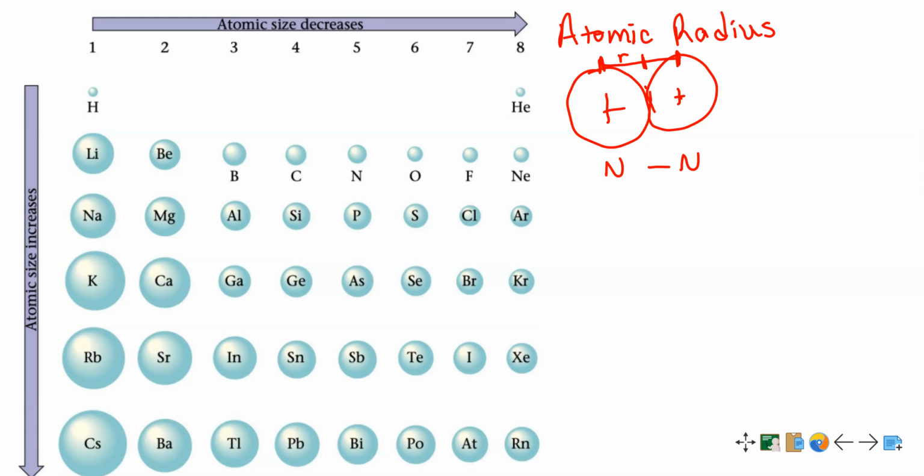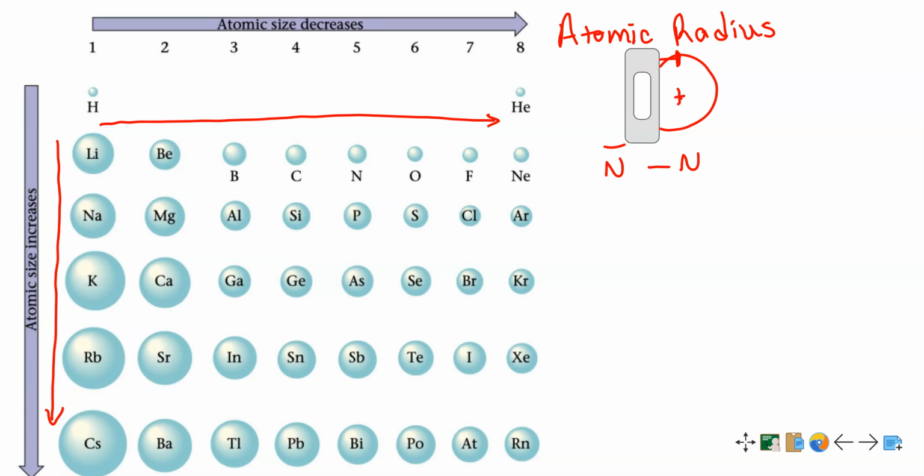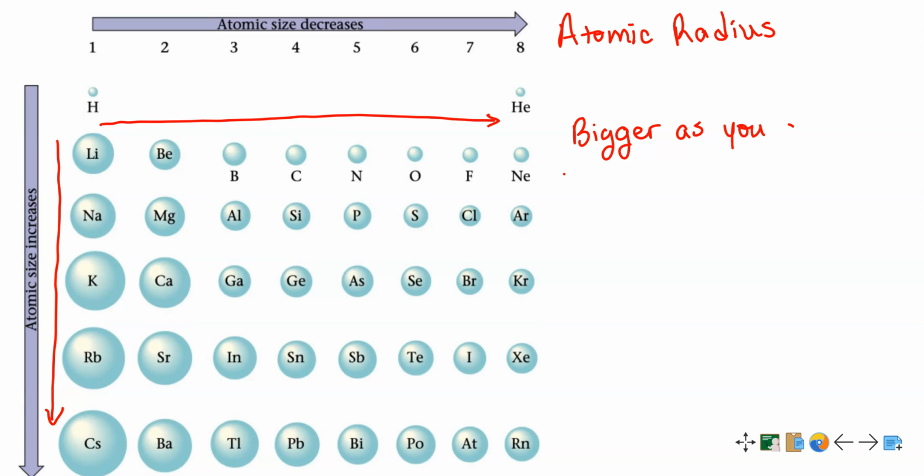But one thing I want you to notice is that the elements actually get smaller as we go to the right. Sorry, I do know my left from my right. And they usually get bigger as we go down. Now, the reason they get bigger as we go down is because we're adding principal energy levels.